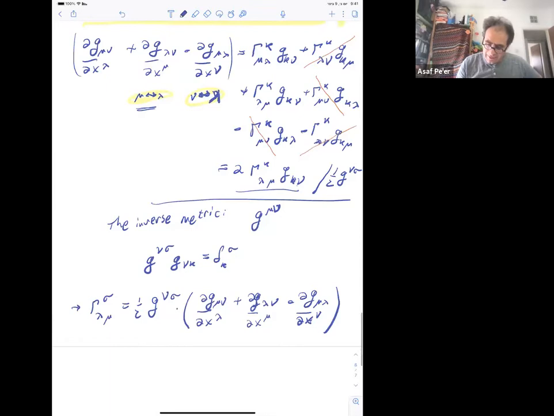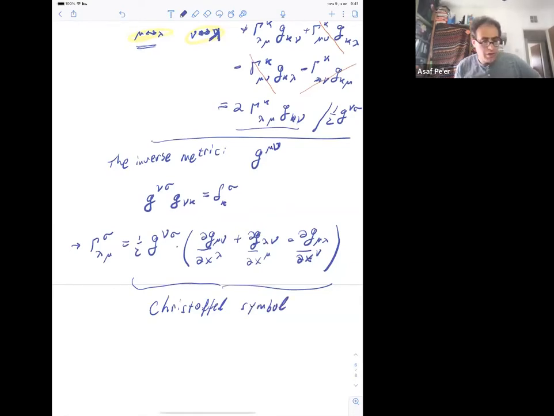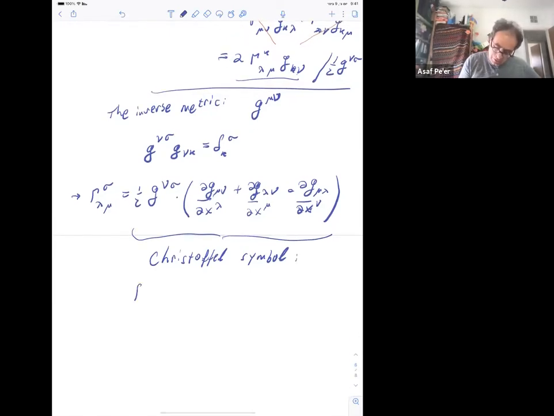Now this right-hand side also has another name. This is also known as the Christoffel symbol. Christoffel, that's the right symbol. And the notation is within curly brackets: curly brackets sigma lambda mu. Now, for our purposes here in this course, there is no real difference between the Christoffel symbol and the affine connection.